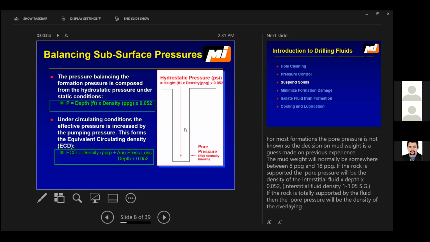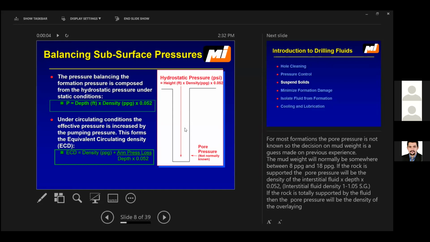So what is the subsurface pressure? The pressure balancing the formation pressure is composed of the hydrostatic pressure under static conditions. It is calculated by the weight of the column of fluid inside the well. And by the way, the well should be full at all times.